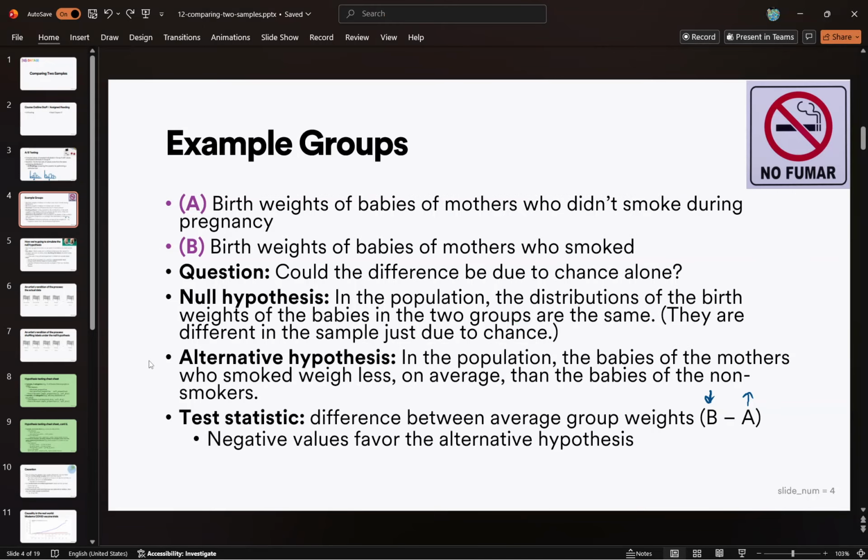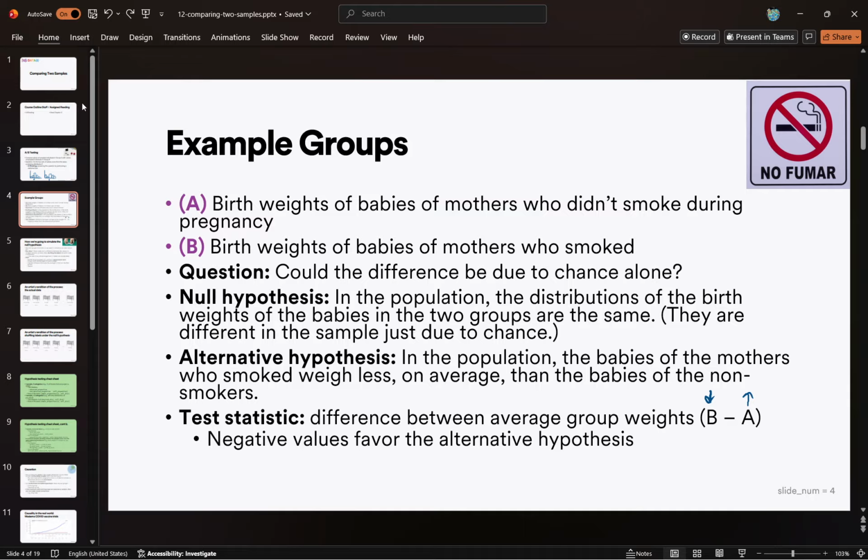So probably the mothers who smoked really did have lower birth weights on average. Our null hypothesis did not predict the extreme value that we saw in real life. Okay, does that kind of make sense? Because that's what we did. Any questions about that? So that's how that worked.